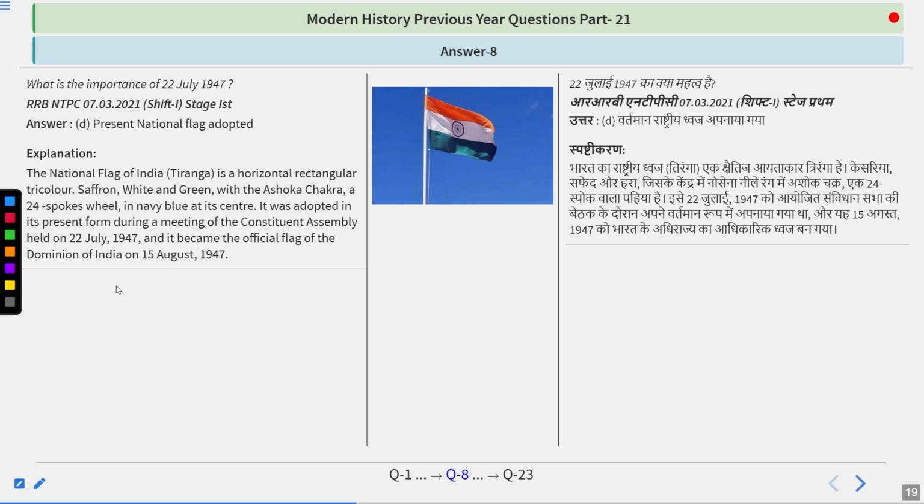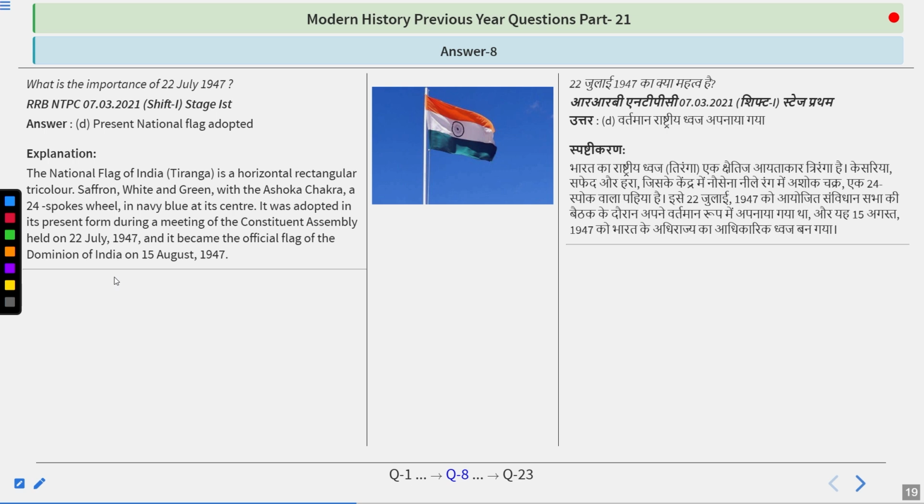And do remember that the present national flag was created by Pingali Venkaiah. Remember that name as well. So the answer is present national flag was adopted on 22nd July 1947.